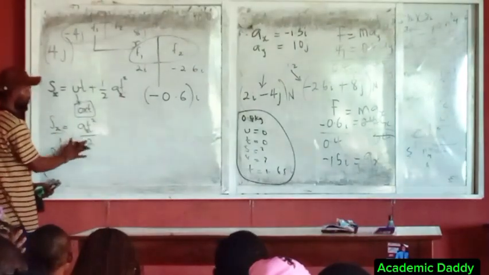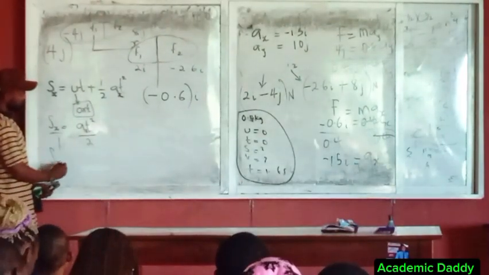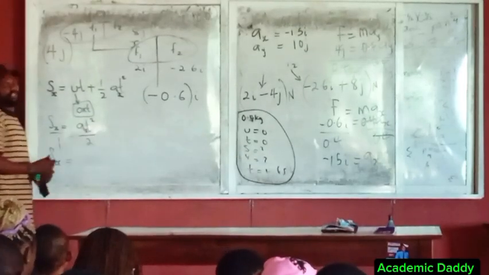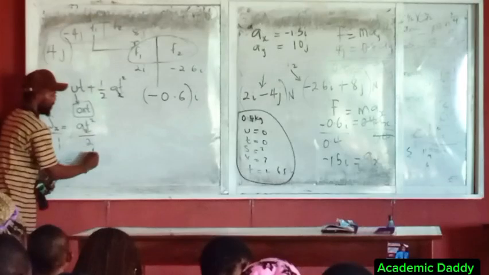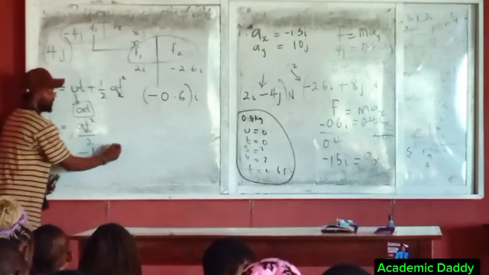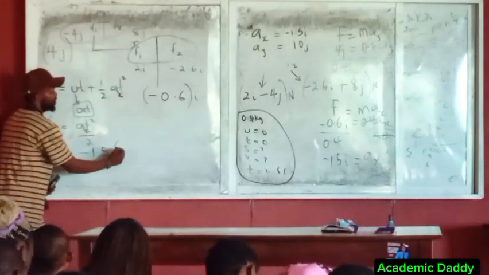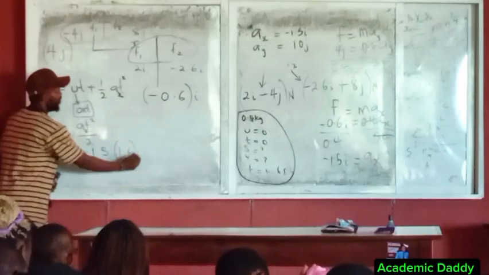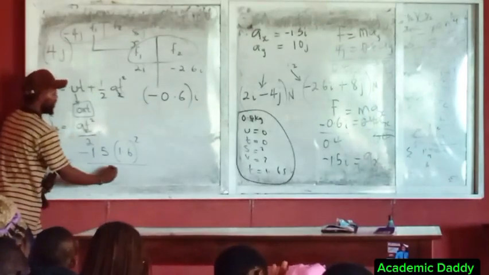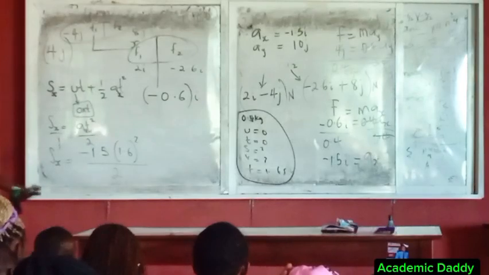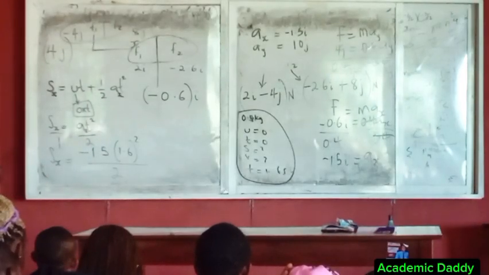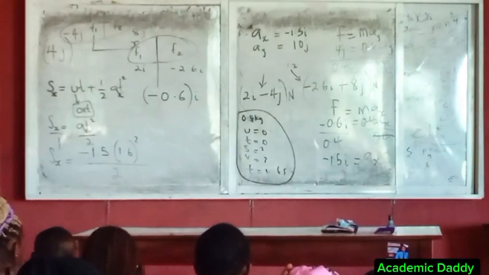So let's not cross anything. So sx is equal to my acceleration of x-axis, which is minus 1.5, then the time given is 1.6 squared, then all over 2. You are behind this thing now. Once you punch this, whatever it gives you is the position on the x-axis. You see it? It's not hard.